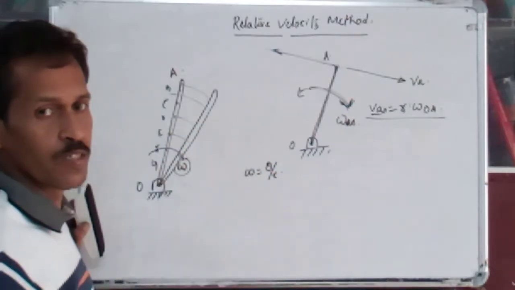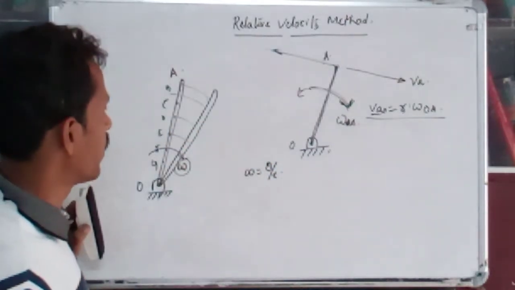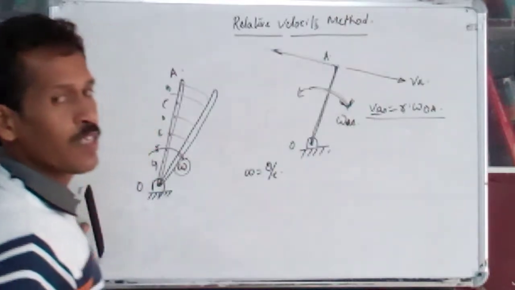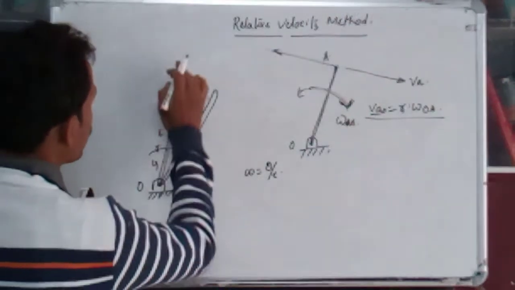Omega will never change. So this angular velocity remains the same throughout the link.